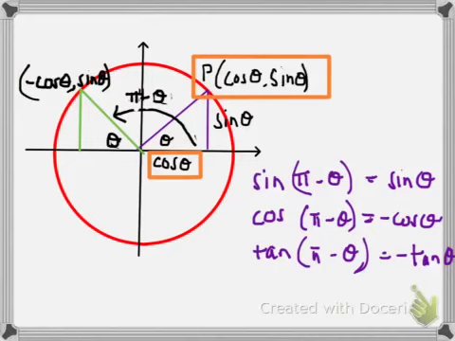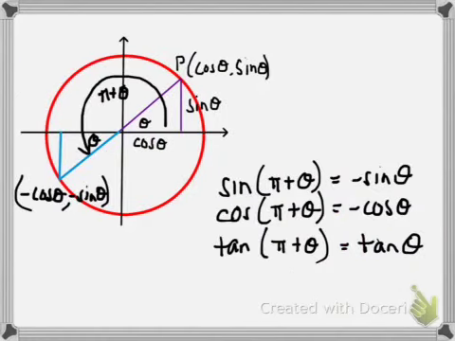We're looking at our angle here as 180 minus theta, that's what that angle is with the black arrow there. That's pi minus theta. Its coordinates are negative cos theta and sine theta. So in the second quadrant, cosine is negative, sine is positive.